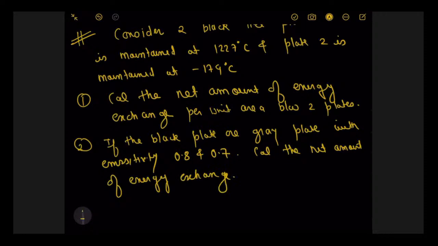Solve this. Means for the first part you have to consider it as a black plate, and for the second part you have to consider it as a normal plate.